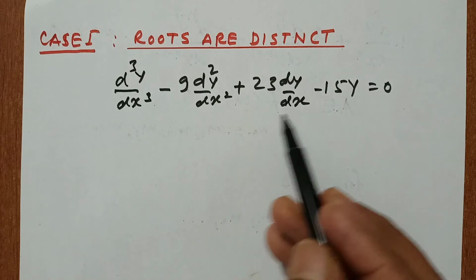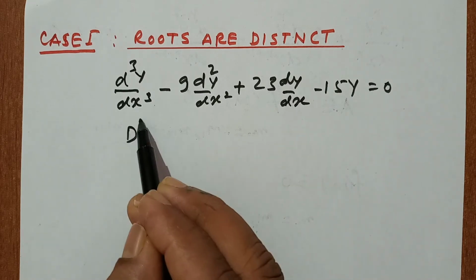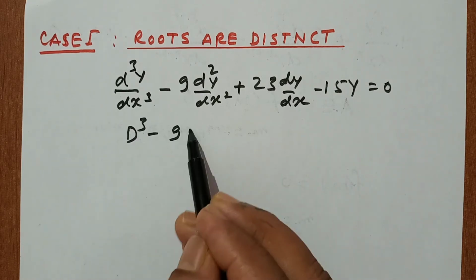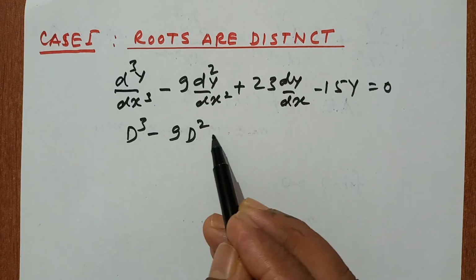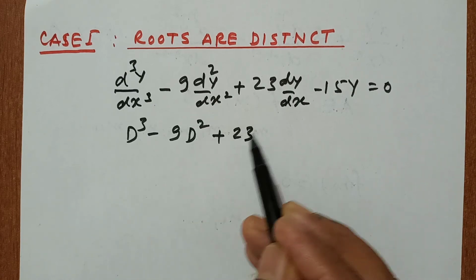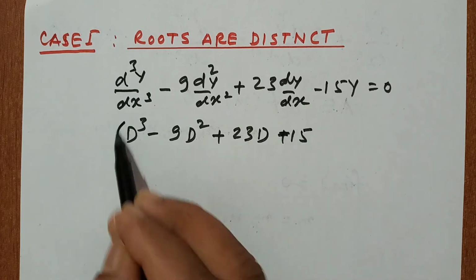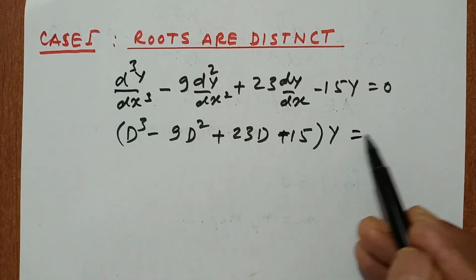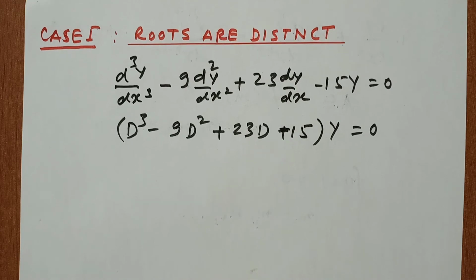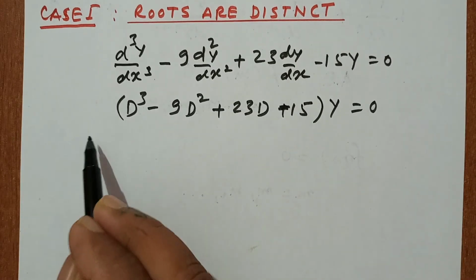This can also be written as D cube minus 9D square plus 23D minus 15 y equal to 0.